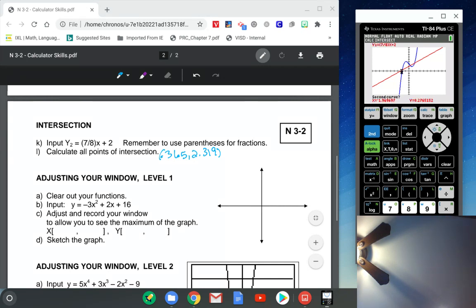So now we're close. We're going to hit enter. We want to use the red line, so yes, we do. Hit enter. And to guess, we got to hit enter one more time. So there it is. Our second intersection point is negative 1.848, 0.383.